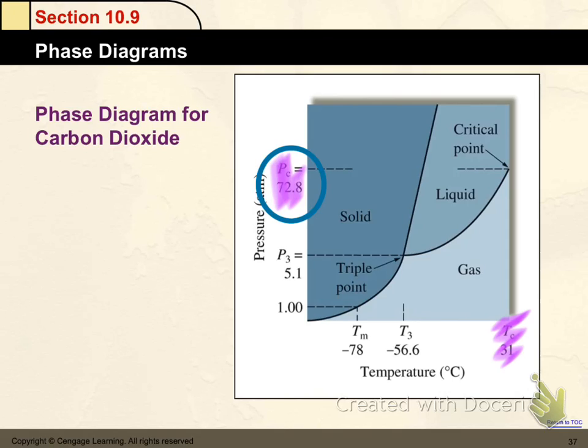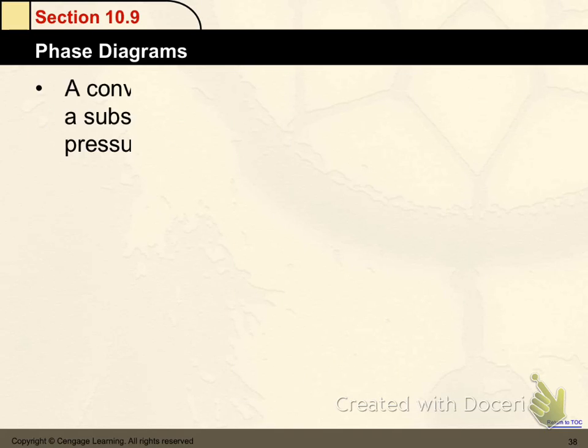Now, if I increase the temperature to 31.1 degrees Celsius, at this point it doesn't matter if I go up to 73 atmospheres, 80 atmospheres, 120 atmospheres, or 1,000 atmospheres. It is going to stay in the gaseous phase. Pretty cool. Okay, pretty cool.